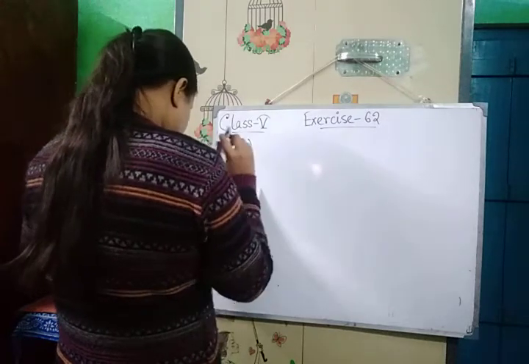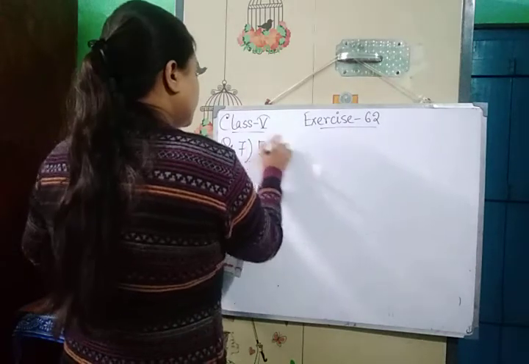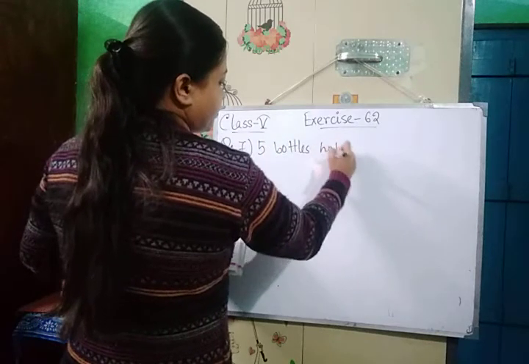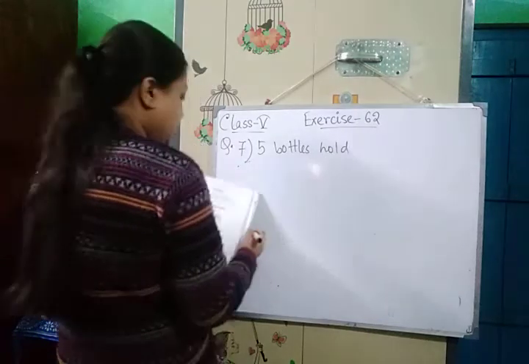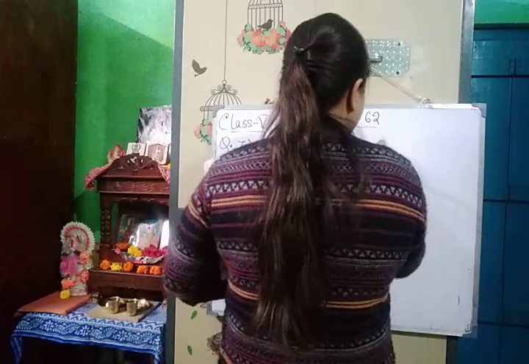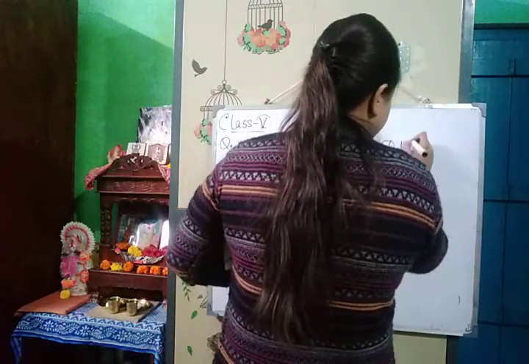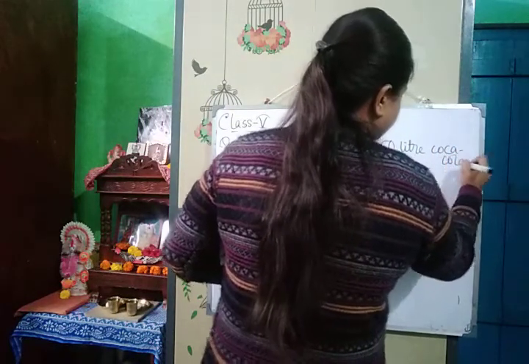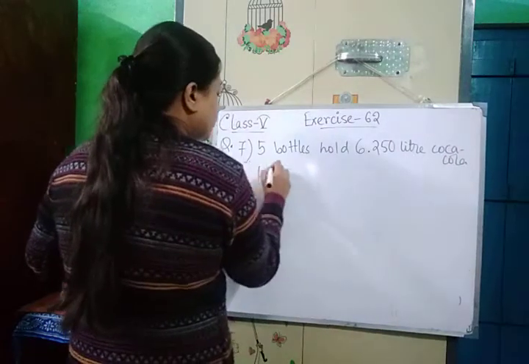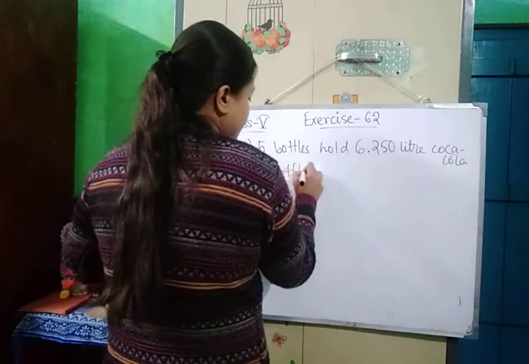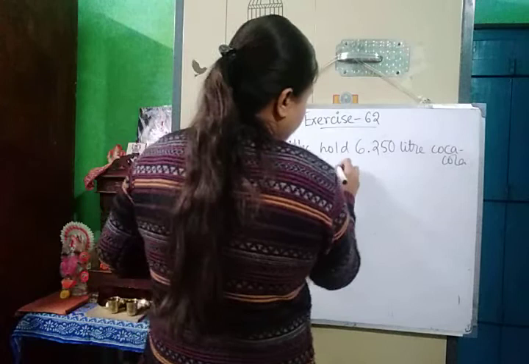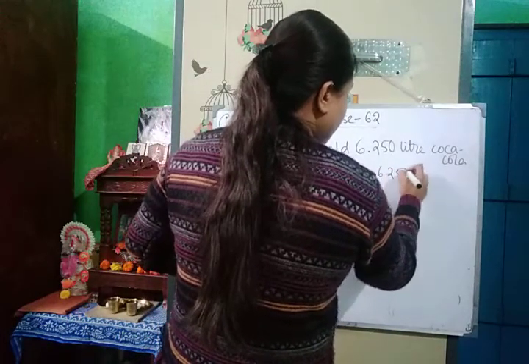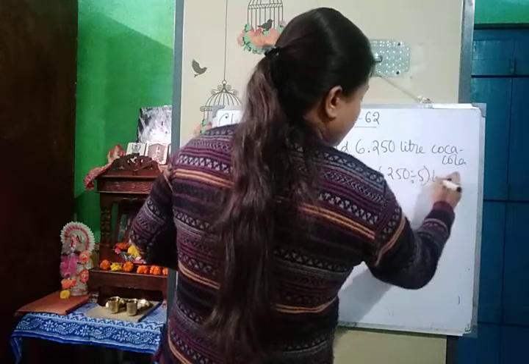So we will first write: 5 bottles hold 6.250 liter Coca-Cola. Therefore 1 bottle will hold, this is the unitary method, you know, 6.250 divided by 5 liter Coca-Cola.